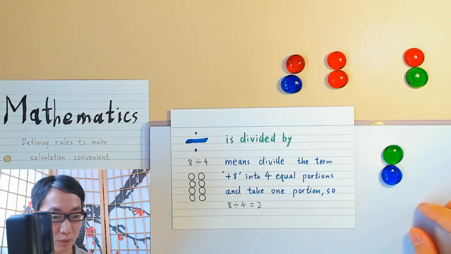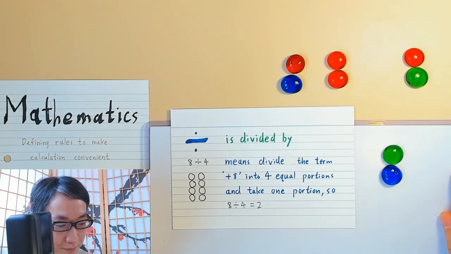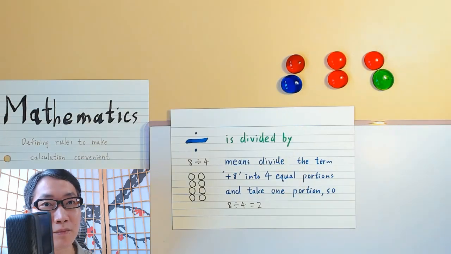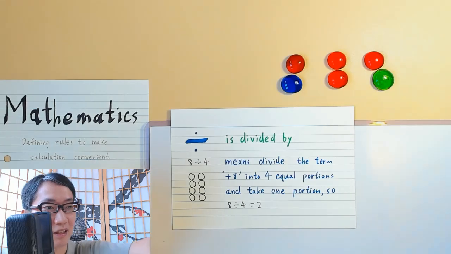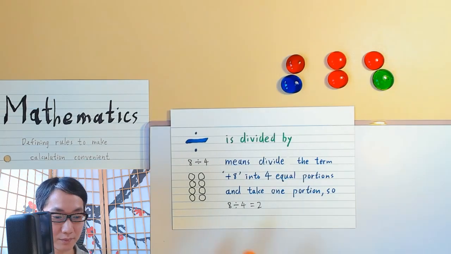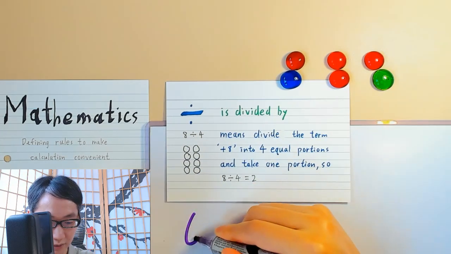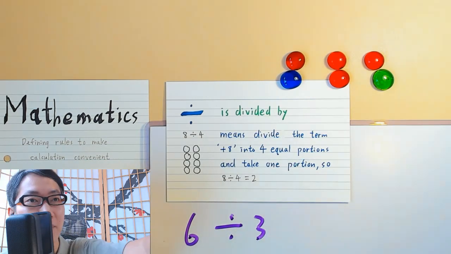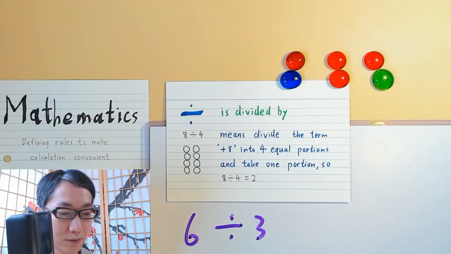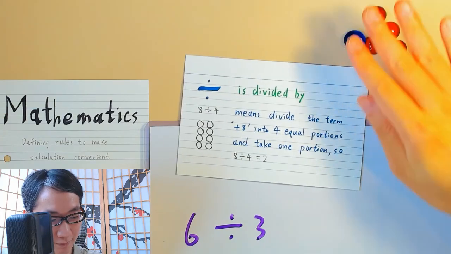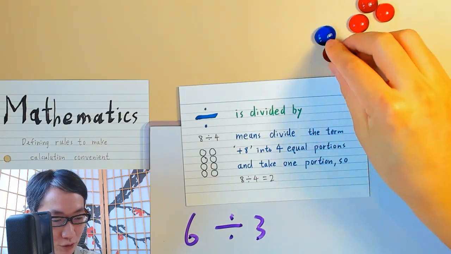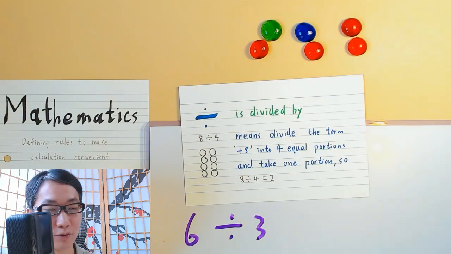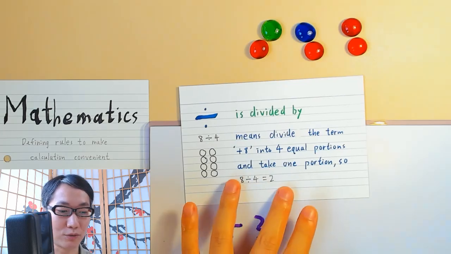And one more example. I have 6 marbles, and let's say I'm doing 6 divided by 3. So I divide them into 3 equal portions. 1 portion, 2 portion, 3 portion, and then I take 1 portion.